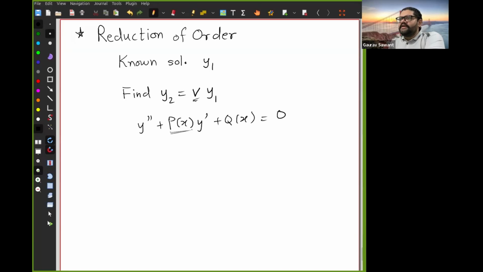I have this p(x). So your effective form of v will become some 1 over y1 square, where y1 is a known solution, and then e power minus integral p(x) dx. Something like that.